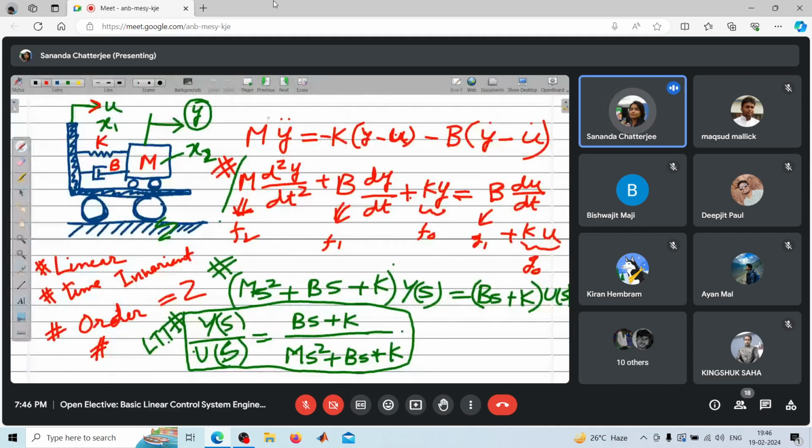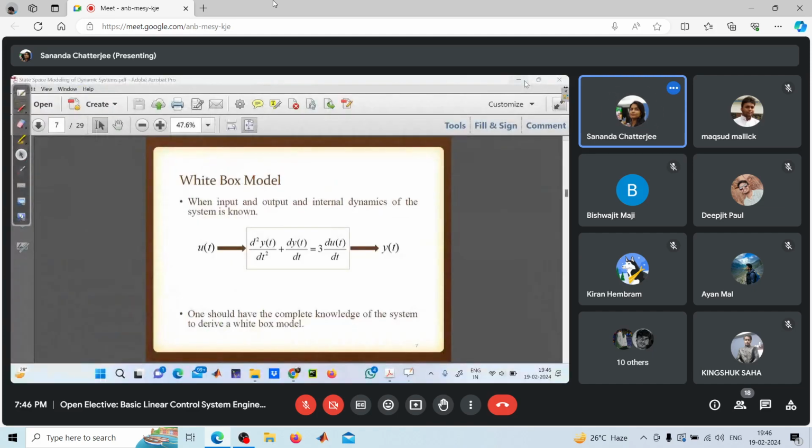We knew the spring, mass, and damper, and what their interconnection was. So this model we took as a white box model. All the components known, their interconnections known. So this is one approach by which we can go for modeling a system.